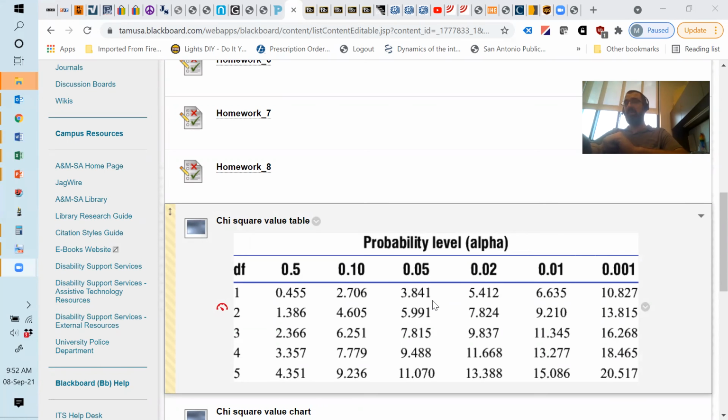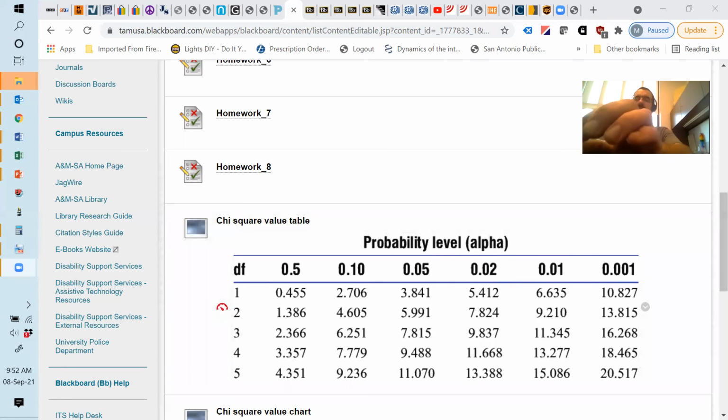And the answer is yes. The value is actually higher than the largest value we have on this chart for a degree of freedom of 1. So our p-value is less than 0.001. So the difference observed is highly significant.